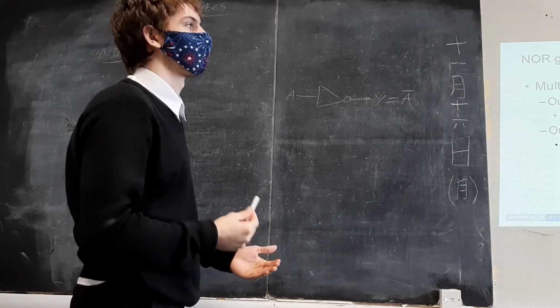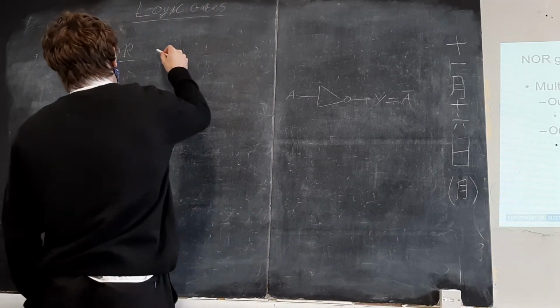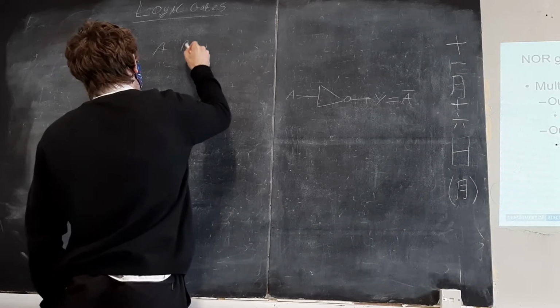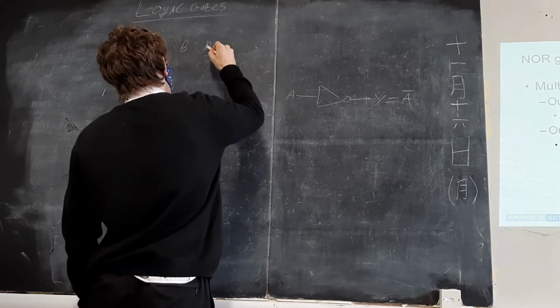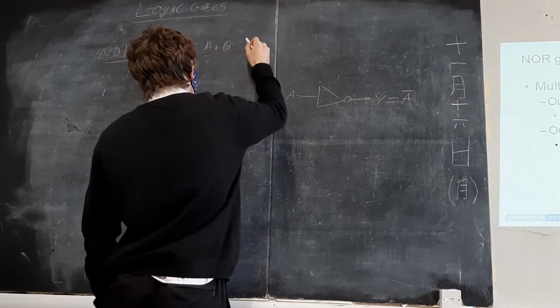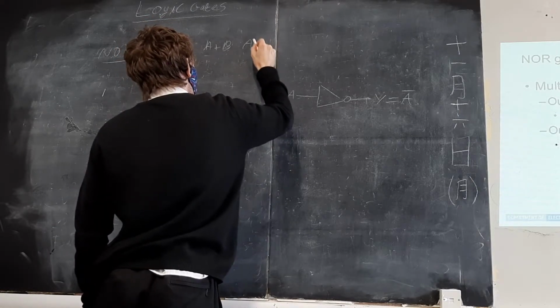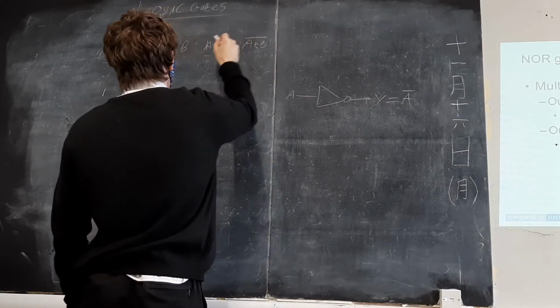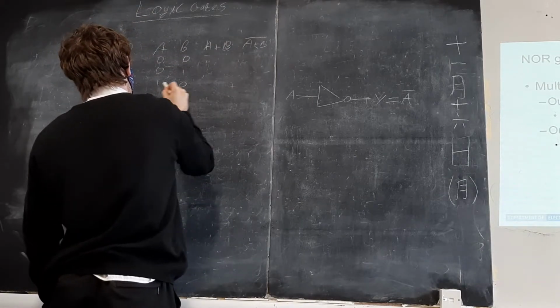NOR is not OR. So you have A, B, and you OR them, A or B, and then you NOT the entire thing. So you've got 0, 0, 0, 1, 1, 0, 1, 1.